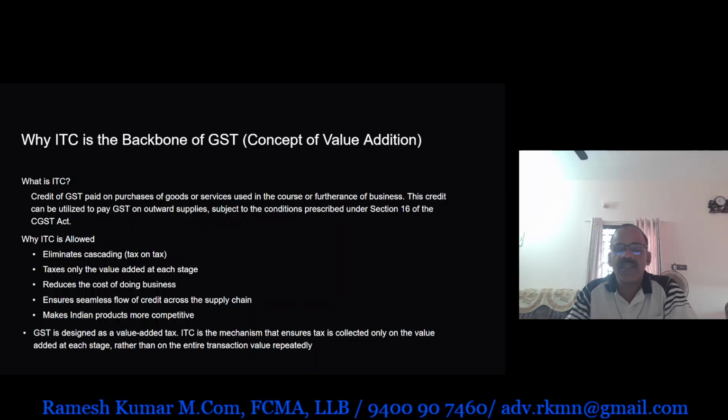Therefore, GST taxes only the value added at each stage of the supply chain. So this reduces the cost of the business, improves cash flow to the business, and makes Indian products more and more competitive. This is why ITC is called the backbone of GST.